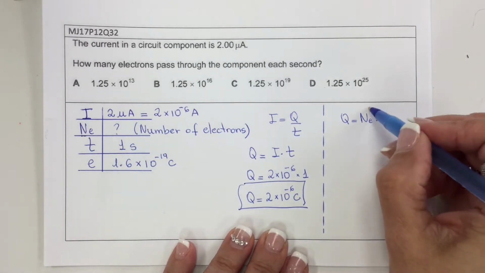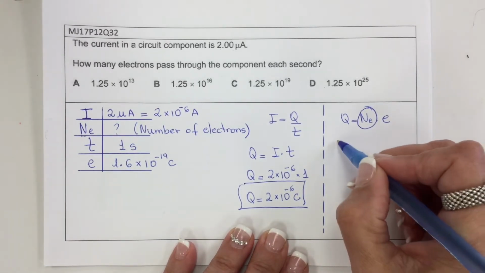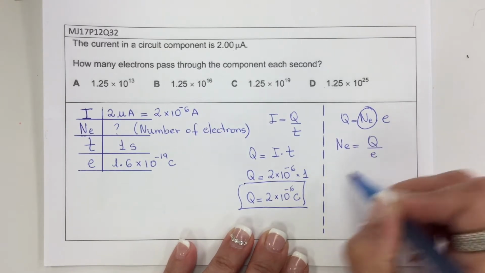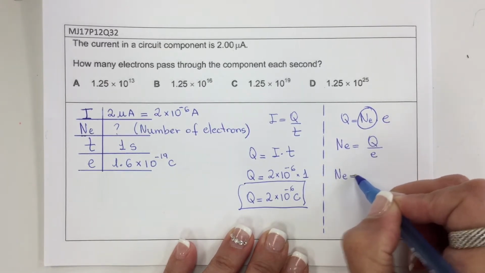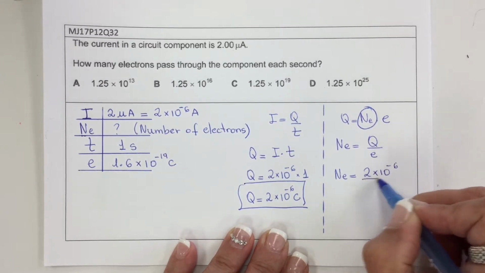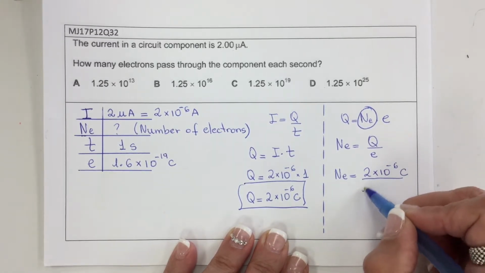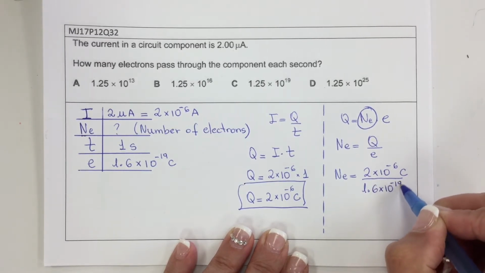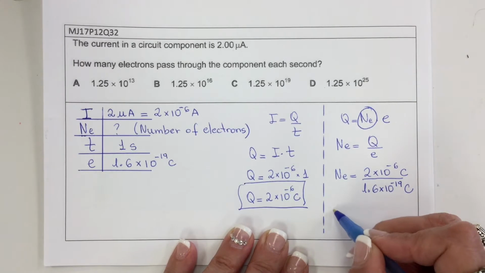Great, but what I'm looking for is this guy. So my Ne is charge over e. My Ne is 2 times 10 to the minus 6 coulombs over 1.6 times 10 to the negative 19 coulombs.